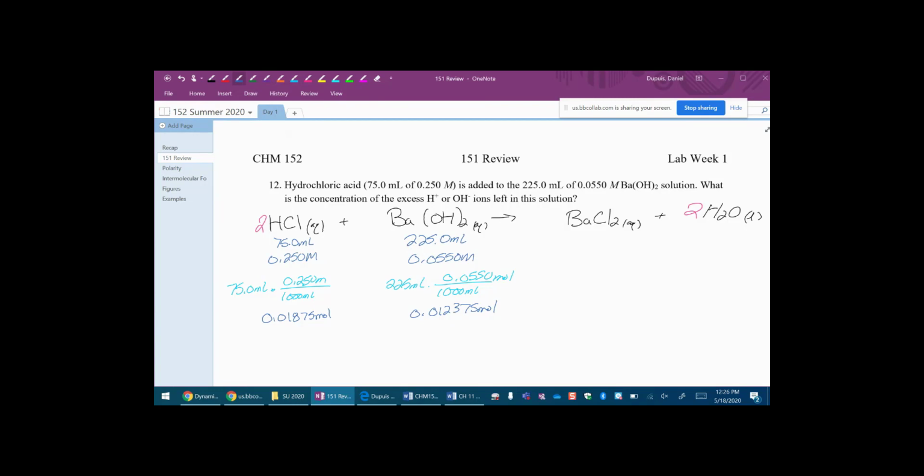All right, now limiting reactant. I'm going to take my 0.01875 divided by 2, divided by the coefficient, give me 0.0094, and 0.01235 divided by 1, 0.012. So that means HCl is my limiting reactant. And we will start all of our calculations with that.